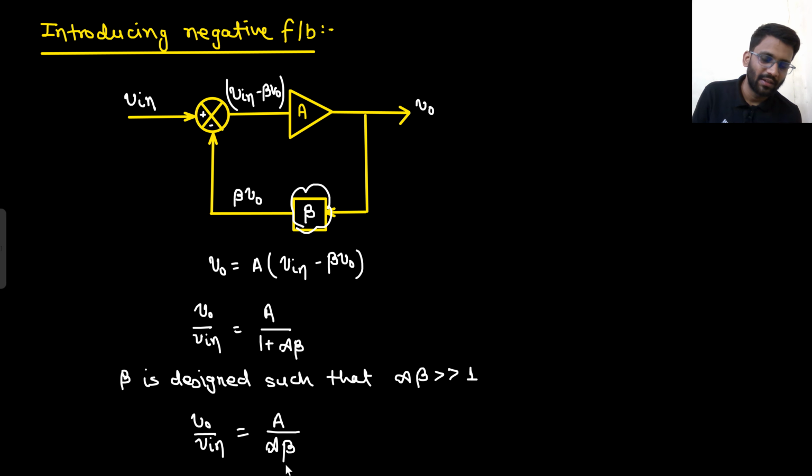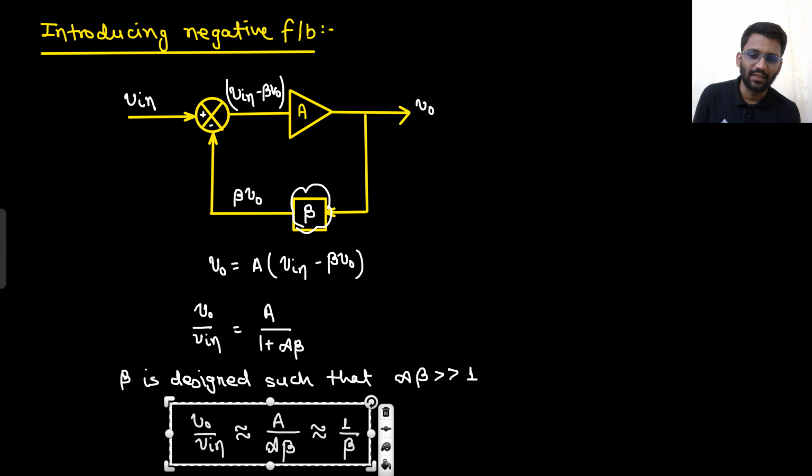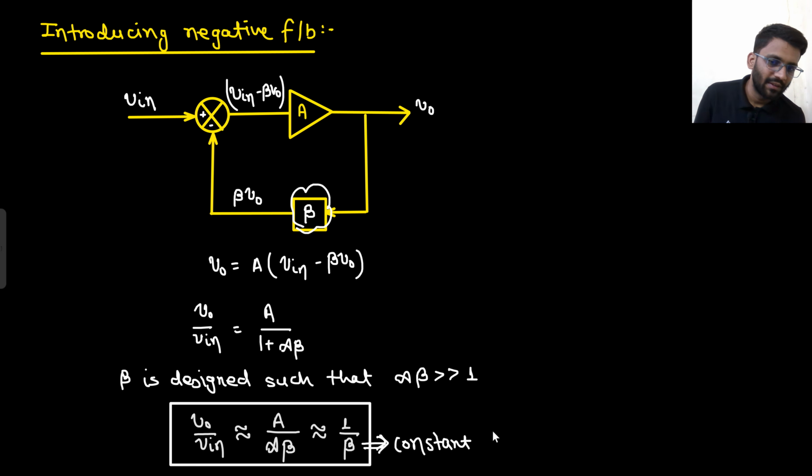So that would be nearly A by A beta, because you are assuming it to be very, very much greater than 1. So the gain would be nearly equal to 1 by beta. And beta is constant because you will design this beta and that would be constant. So here you are getting a constant gain.